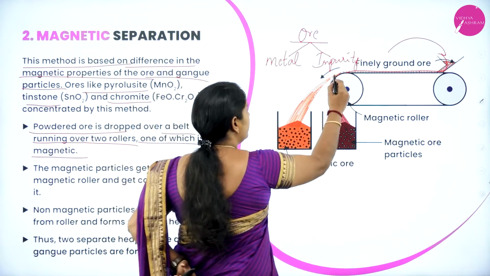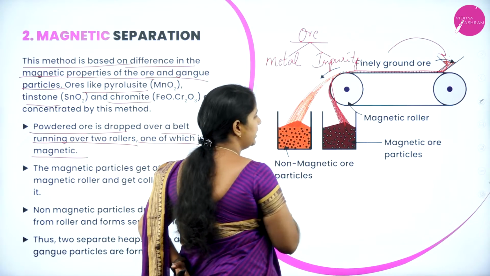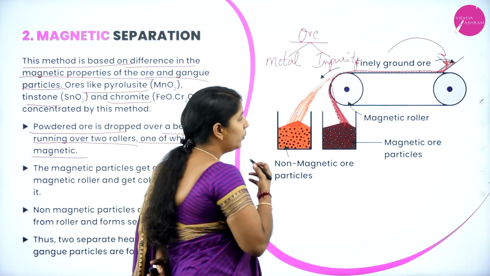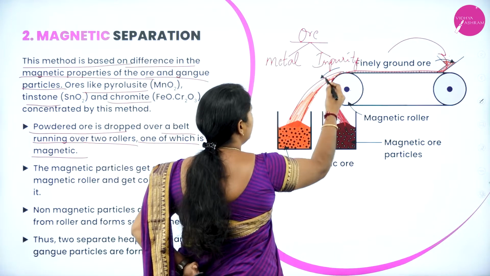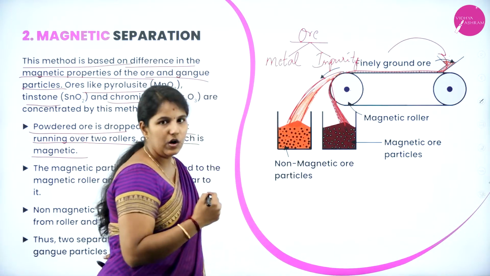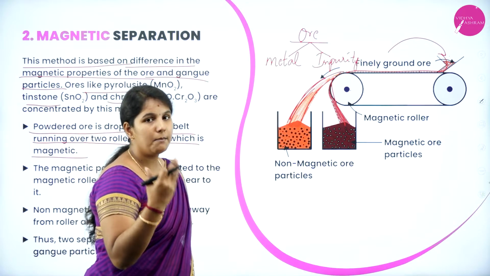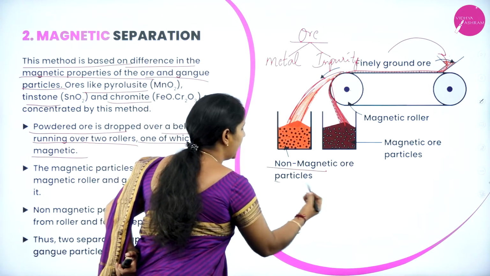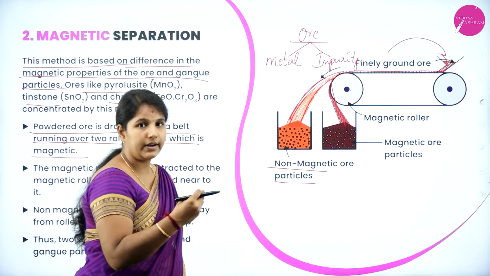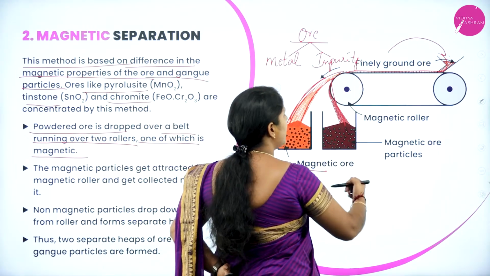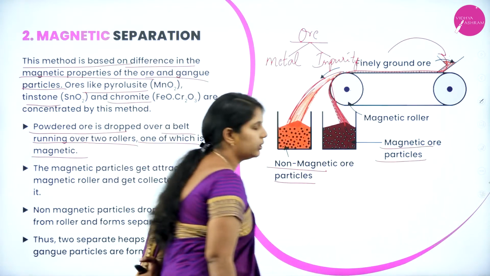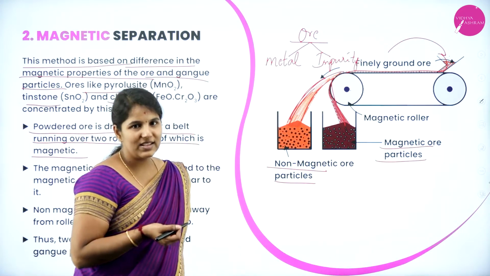It will be collected near the magnet. Which one is not attracted towards the magnet? It will be separated out, and it is known as non-magnetic ore particle. If the particles are attracted towards a magnet, they are known as magnetic ore particles. It is very simple here.